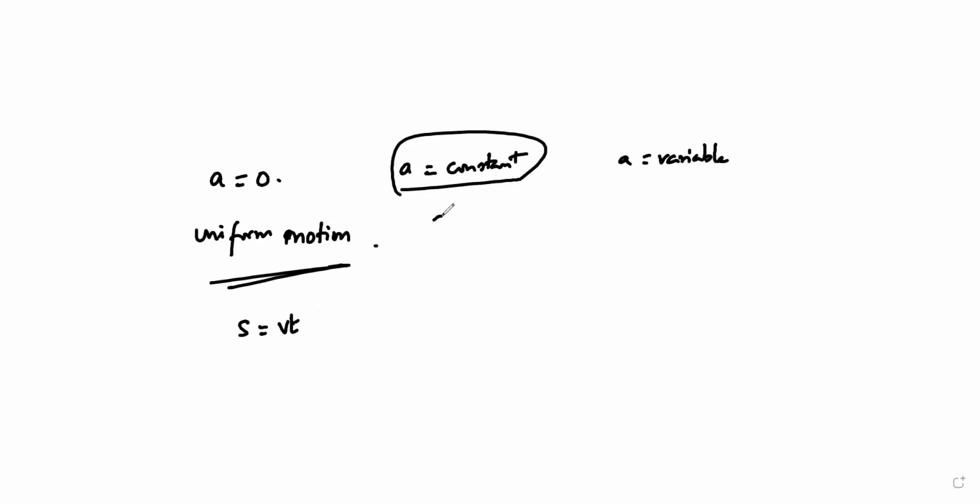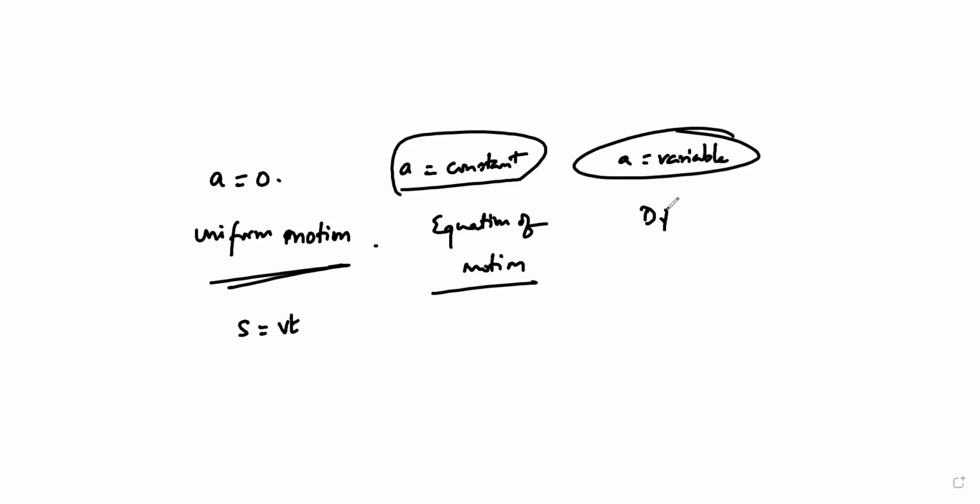If a is constant, it is equation of motion. If it is a variable, then it is differentiation or integration. Please remember.